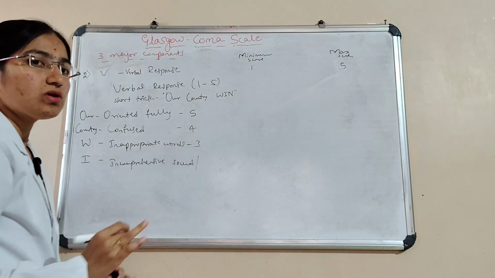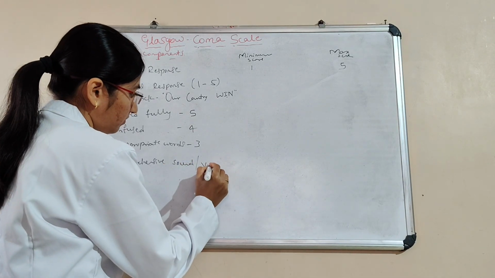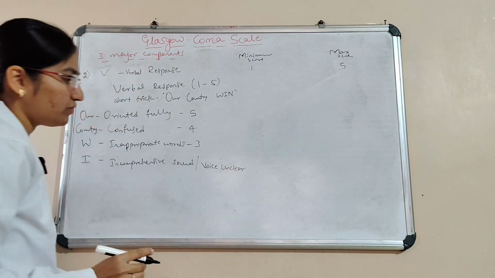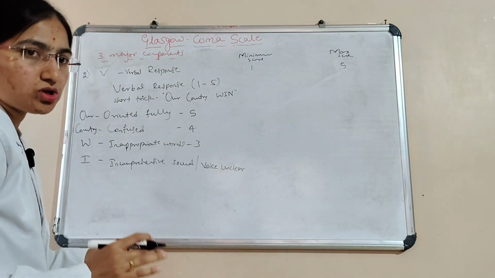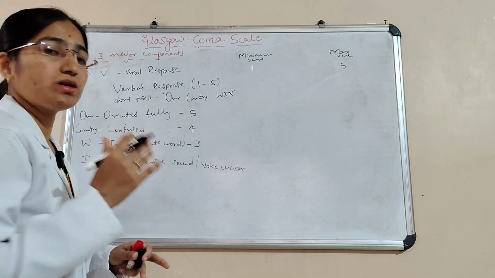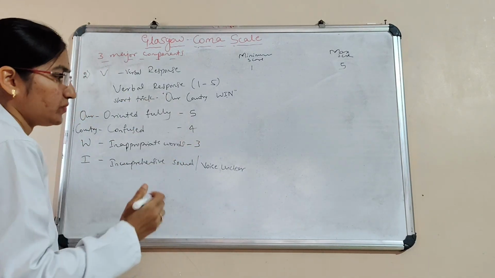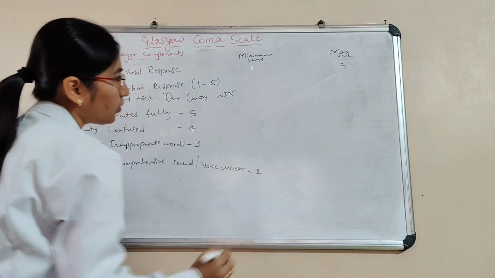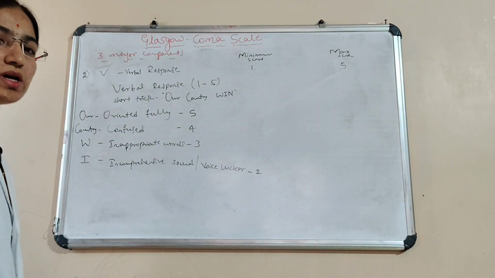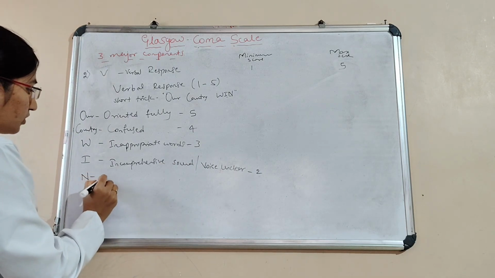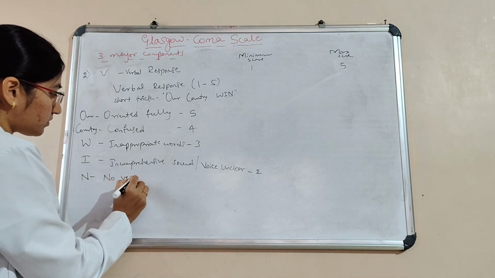Here the voice is unclear. If you ask something, that person is going to make an unclear sound. That we can give 2 as the score. And then N stands for no response, no verbal response.